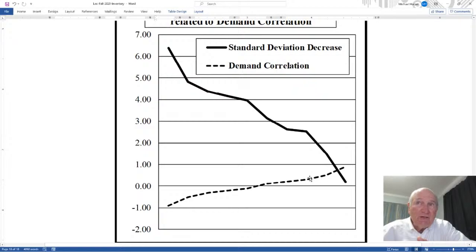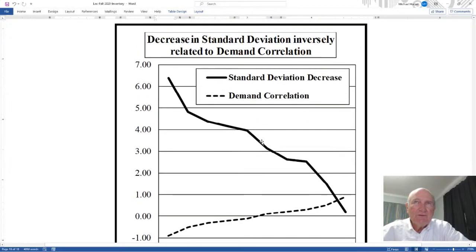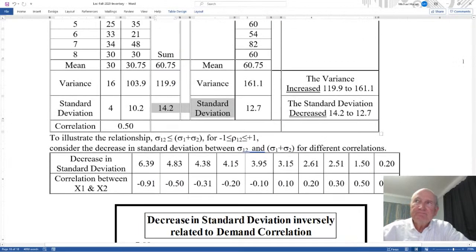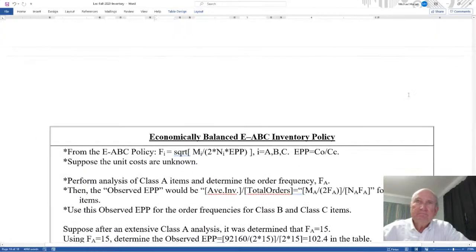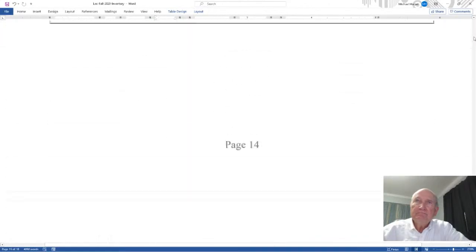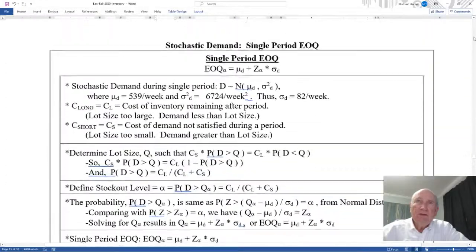But when that correlation decreases, to where they're not correlated at all or they're negatively correlated, the savings begin to go up and up. So the takeaway is this.